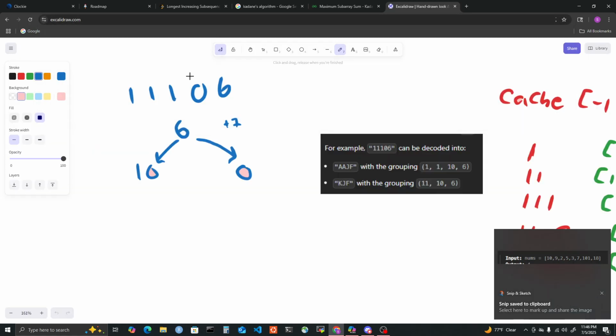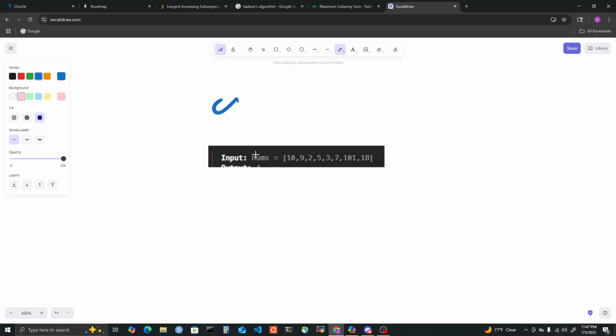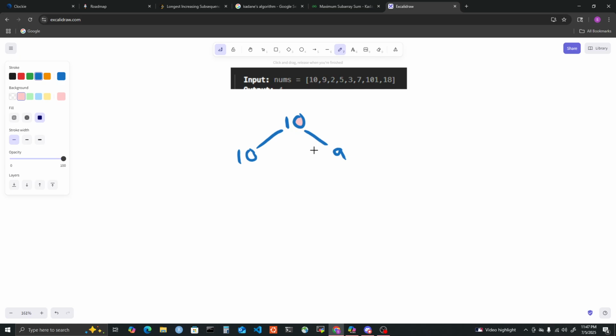Alright, let's draw out my decision tree. So I'm at 10, and then I see that 9, so I can either take it or leave it. Okay, we'll take it, it's increasing.